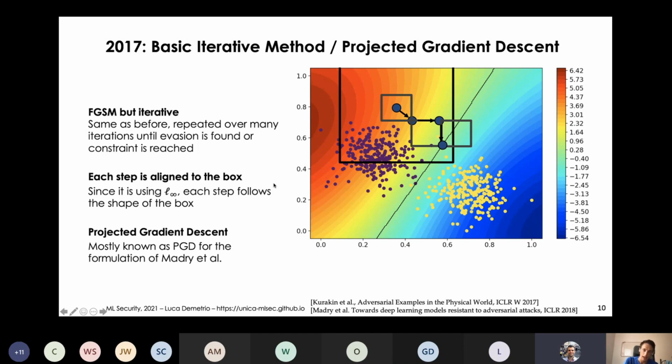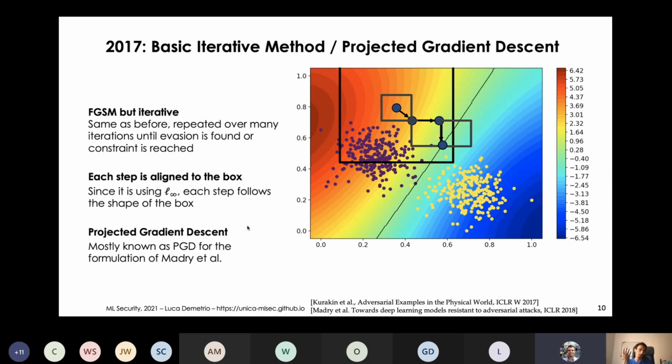And this concept is also known as projected gradient descent, because at some point the people from the Madry lab proposed this attack for another reason, but it was already proposed as the so-called basic iterative method, which is just FGSM in an iterative way.